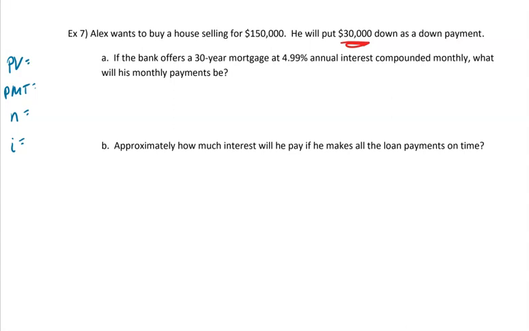You're just going to be taking out a loan for the remainder portion of it. So the actual loan amount is going to be $150,000 minus the 30,000. In this case, it's going to get us 120,000, and that's going to be our PV.